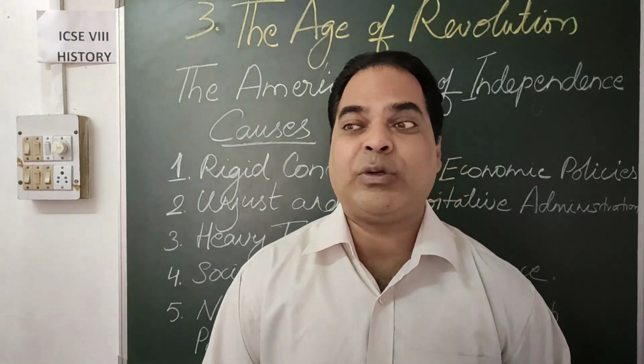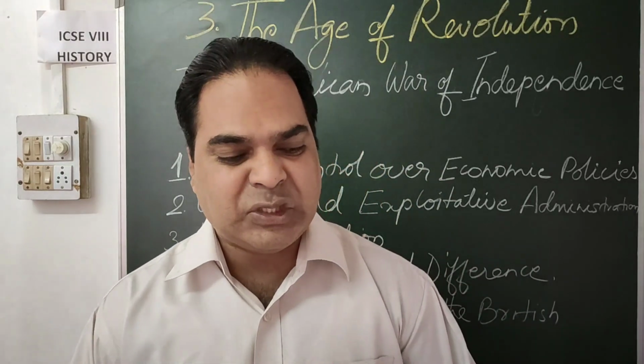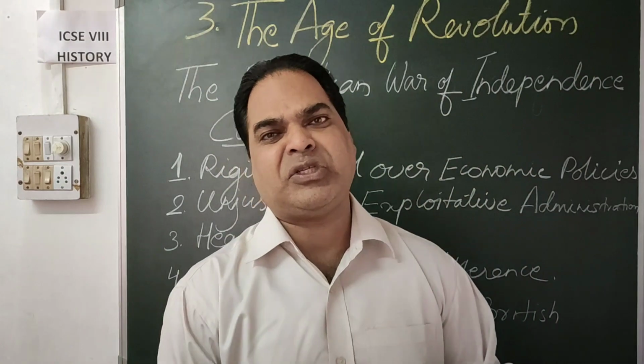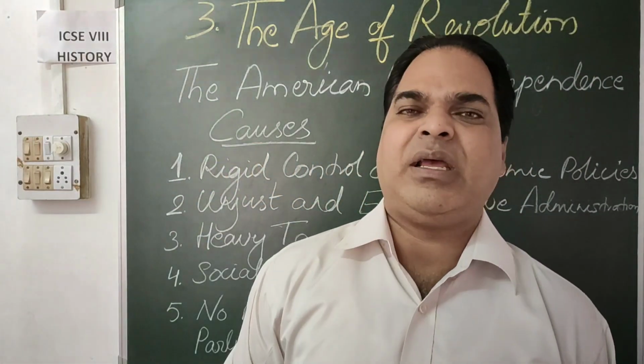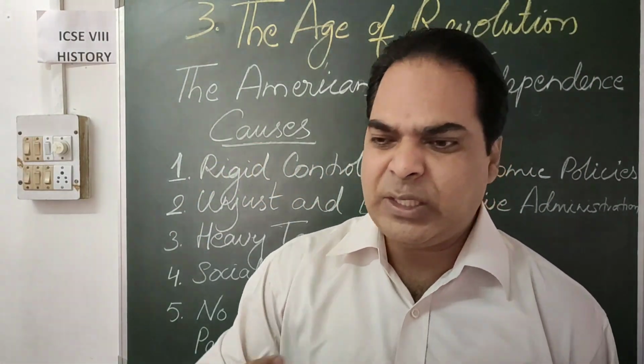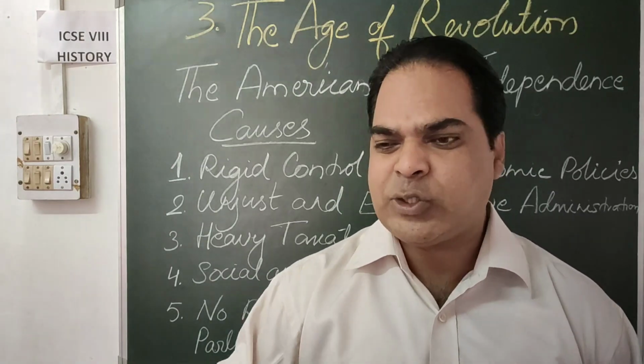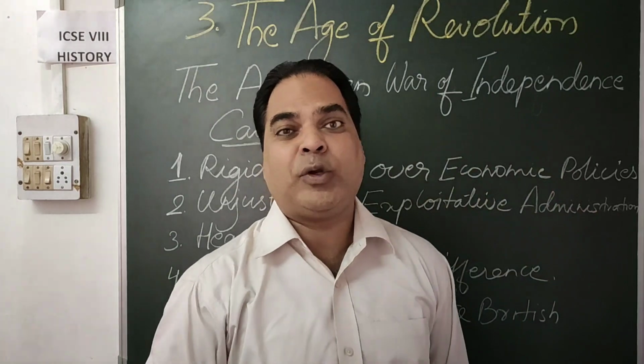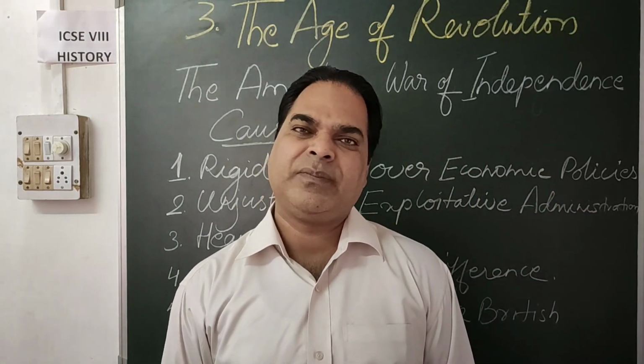Since we don't have any representation in the British Parliament, why are they imposing taxes on us? Why should we pay taxes? Because that tax is benefiting them, not our colonies.